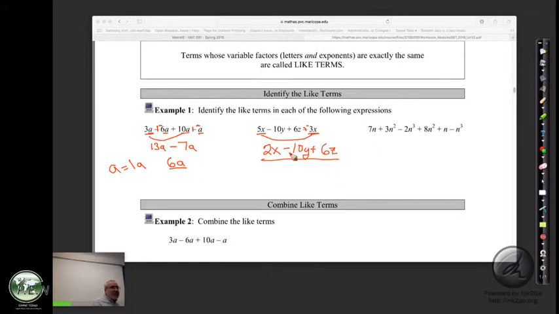Let me come up here a little bit. If x was a line like that, what would x squared look like physically?